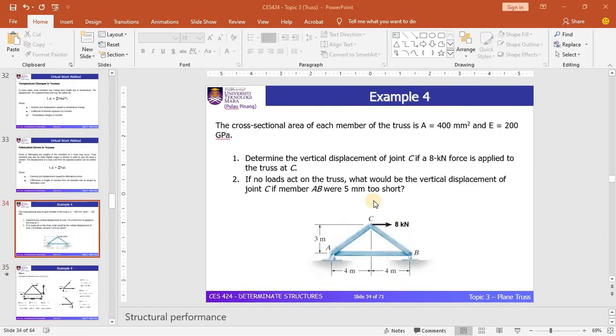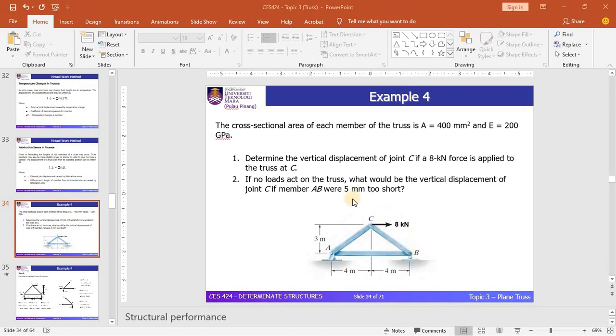Let's discuss example 4. In this example, we have a simple truss which consists of 3 members. It is supported by a pin and a roller at A and B respectively.